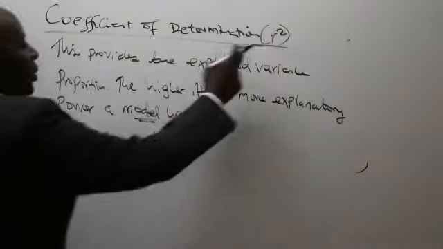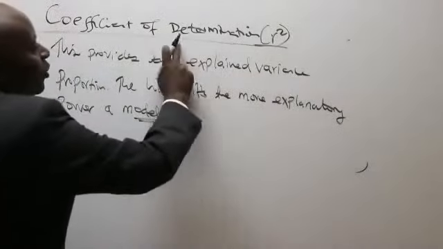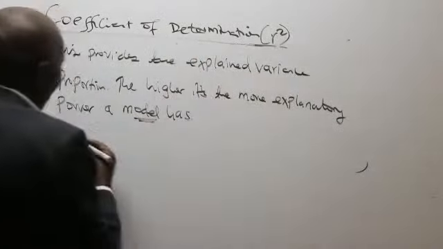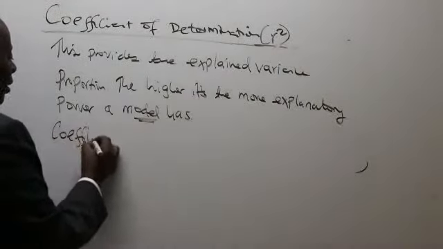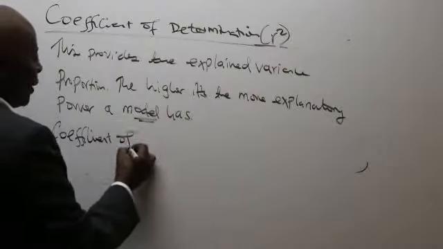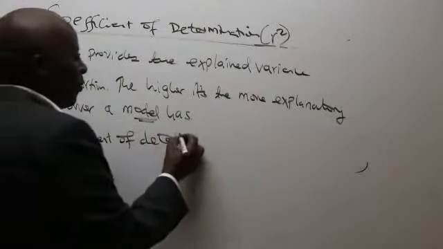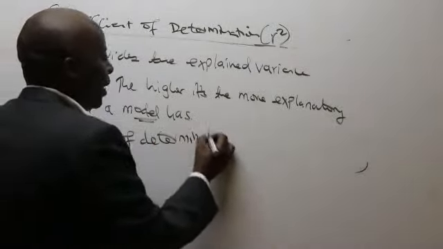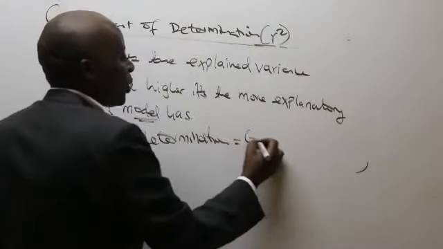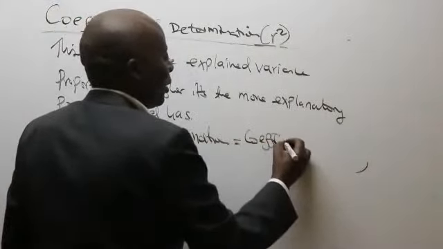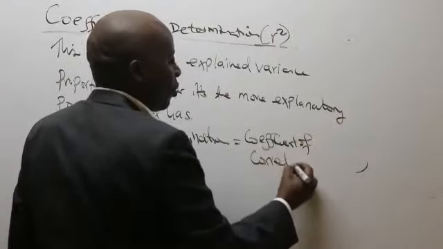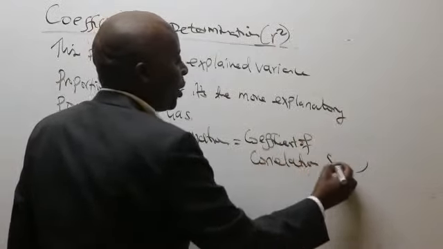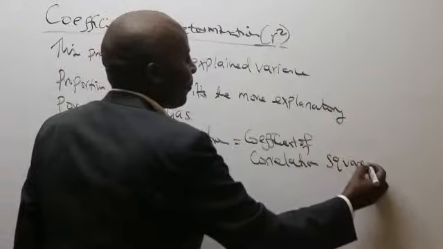So the higher it is, the more explanatory power a model has. You can see here we are saying that the coefficient of determination is R squared. In short, the coefficient of determination equals the coefficient of correlation squared.